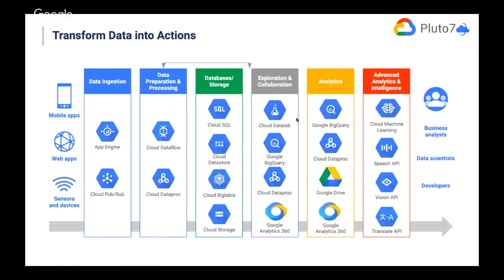These are all the tools in the Google ecosystem which can help you transform your data into actual insights or actions. And each and every tool serves a particular service, which is extremely helpful for you to digitally transform. And that's where we believe players like us have a lot of scope in improving your business transformation.